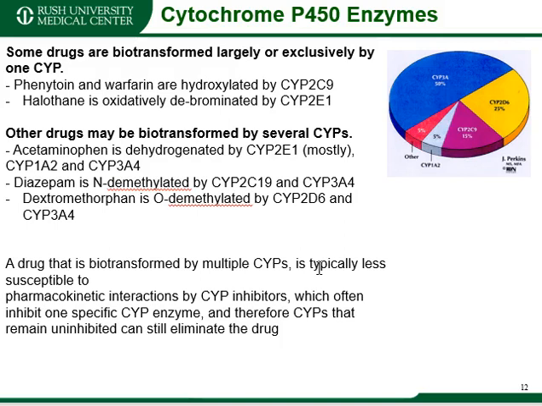We really see major drug interactions when 3, 4, or 5 different drugs are all being biotransformed by the same enzyme, and that would be CYP3A4. CYP3A4 biotransforms, as you can see, probably about 2/3 of the total number of drugs in the hospital. We'll spend some time on CYP3A4.